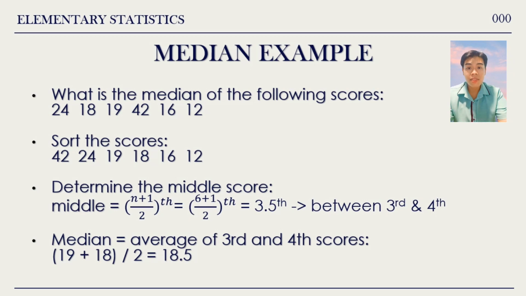This means that our median is somewhere between the third and the fourth score. So therefore, we can calculate our median as the average of the third and fourth scores. That is 19 plus 18 divided by 2, which is equal to 18.5. Therefore, our median in this dataset is 18.5.